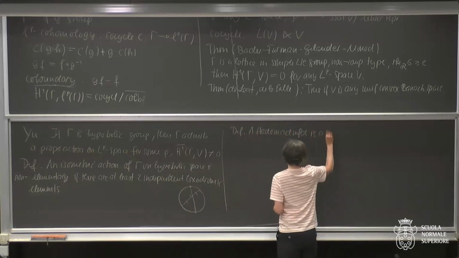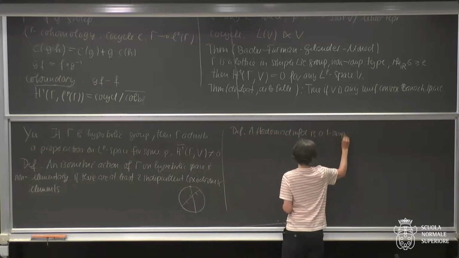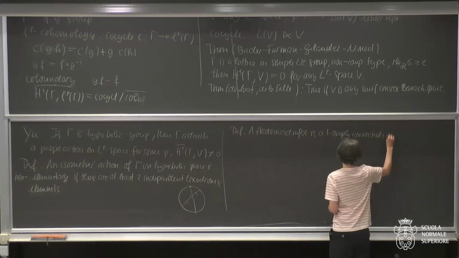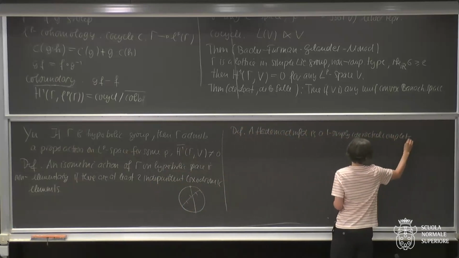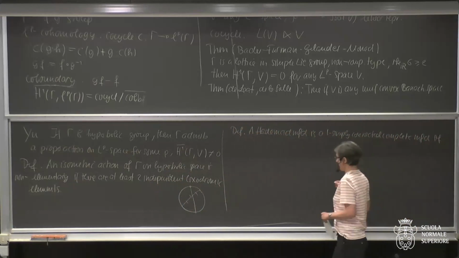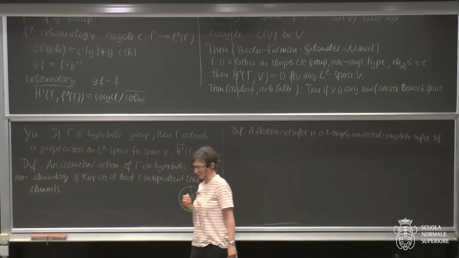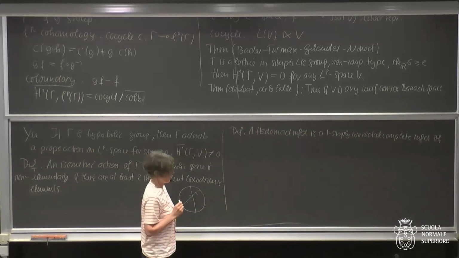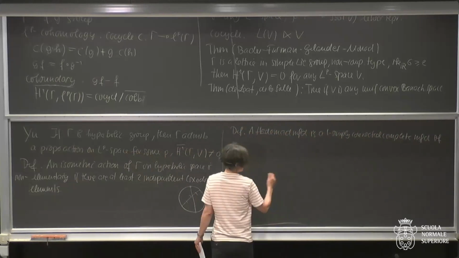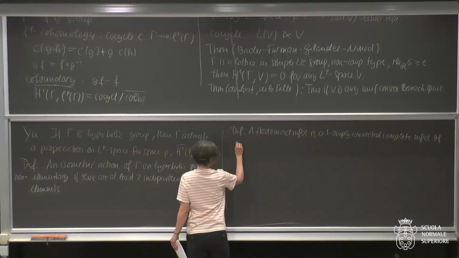Is simply connected, complete manifold of, now the standard definition would be of non-positive curvature, but I really want of negative curvature. Let me just state the correct definition of non-positive curvature.